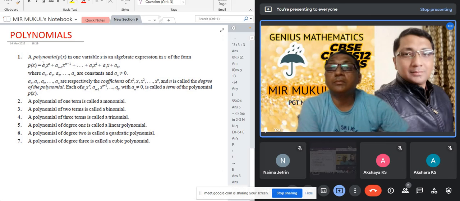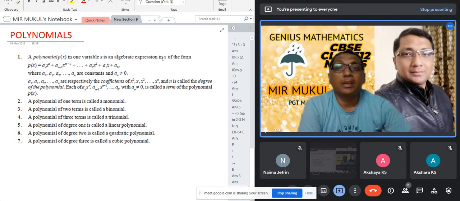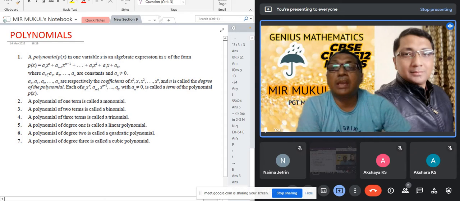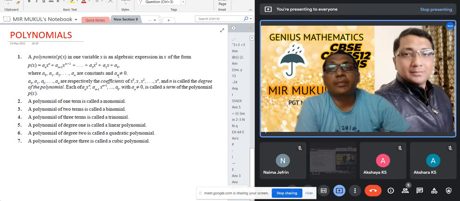Number one, a polynomial p(x) in one variable x is an algebraic expression in x of the form p(x) equals a_n x to the power n plus a_(n-1) x to the power n minus 1 plus dot dot dot a_2 x square plus a_1 x plus a_0, where a_0 to a_n are constants or real numbers, any real number, but a_n should not be 0.